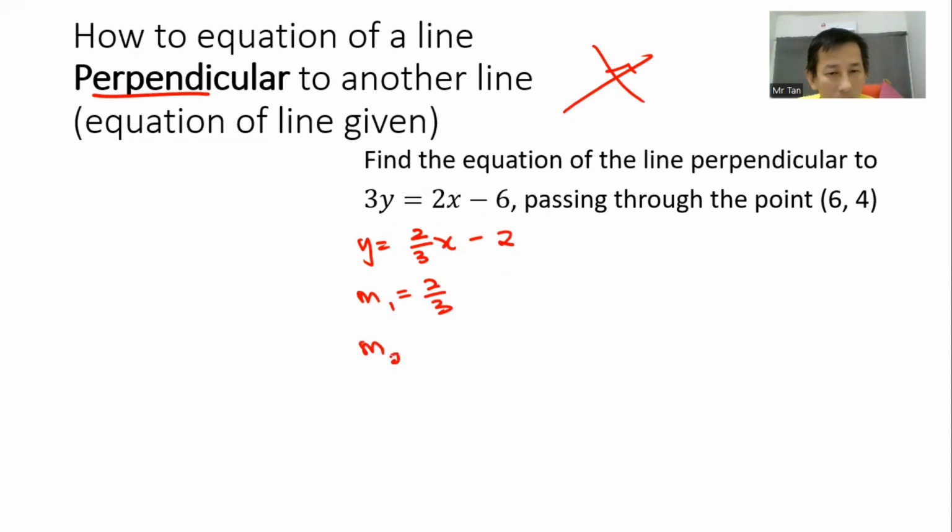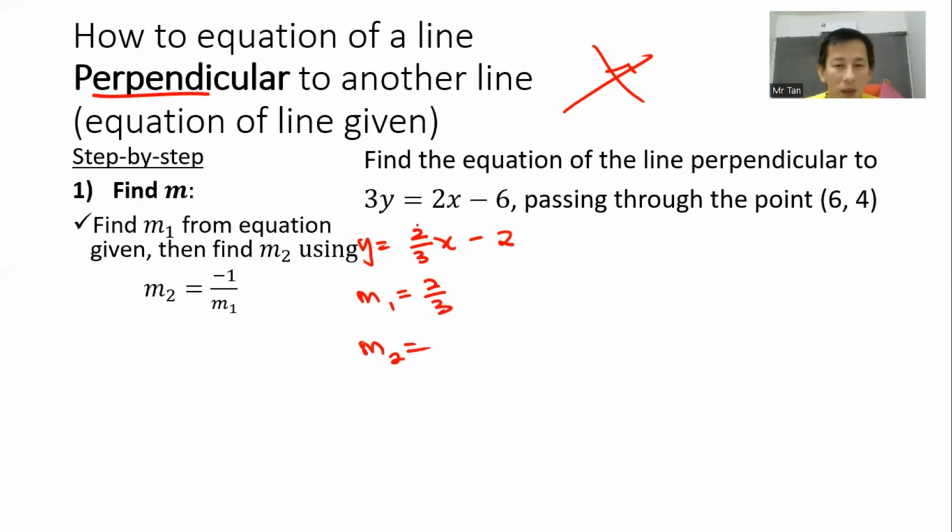Therefore, m2 is equal to negative 1 over m1. m1 is 2 over 3, so negative 1 divided by 2 over 3 gives negative 1 times 3 over 2. That will give you negative 3 over 2.